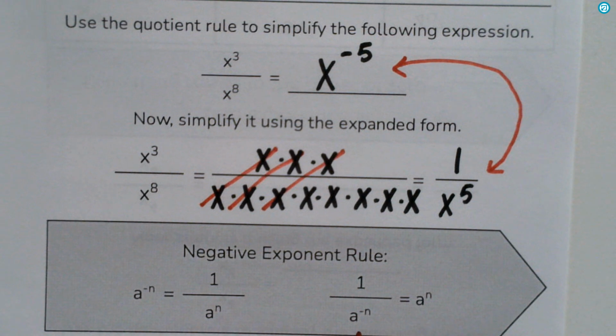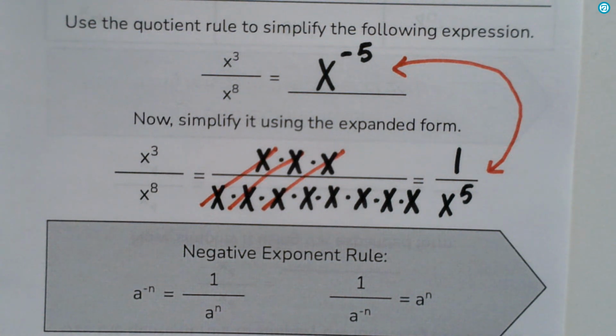If you have a negative exponent that is on the bottom of a fraction, you can move it up to the top of a fraction. So it goes both directions. It can move from the top to the bottom and become positive. It can move from the bottom to the top and become positive. So I like to just think, move it across the fraction bar, make the exponent positive. That's all I think about.